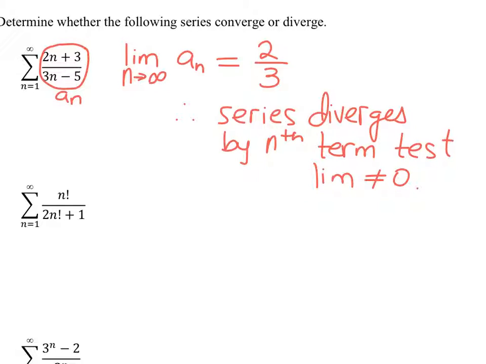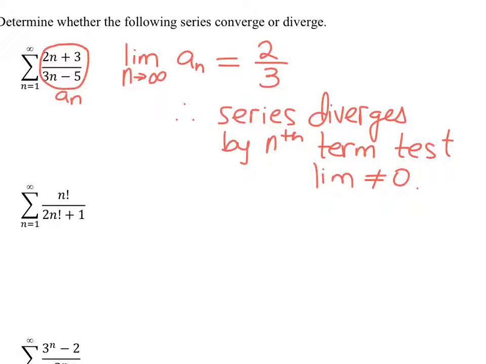You could also say the limit exists. If you want to say the limit exists and is not equal to 0, that's fine. It's a little more than probably you would need, but again, converge or diverge, the test, and the characteristic of the test that led you to the conclusion.